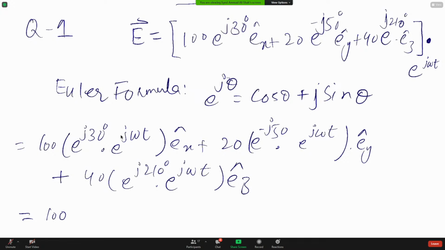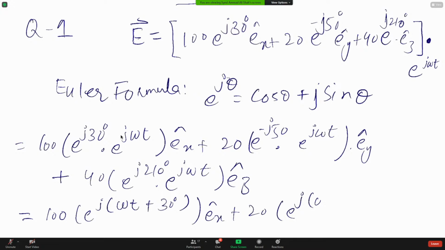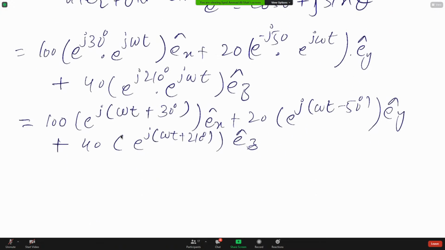So 100 e raised to power j omega t plus 30 degrees Ex, plus 20 e raised to power j, which is common, omega t minus 50 degrees Ey, plus 40 e raised to power j omega t plus 210 degrees Ez. Okay, so far it's easy.